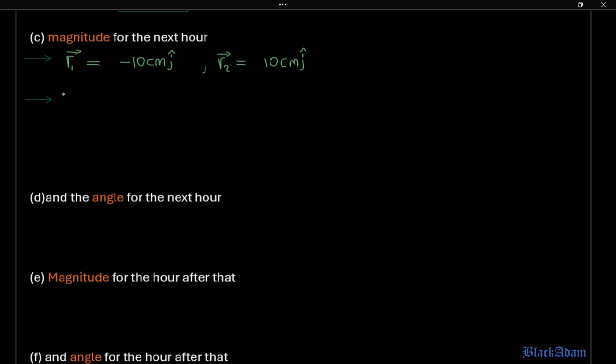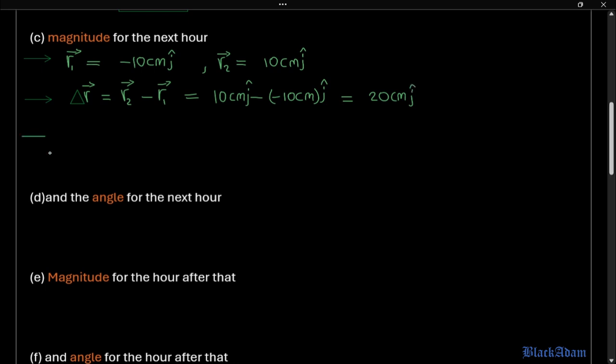So the displacement is going from negative to positive, so the change in displacement is final minus initial, so r2 minus r1 in terms of vector. So that will be 10 centimeters minus bracket minus 10 centimeters j. So it becomes 20, negative times negative is positive, 20 centimeters j.